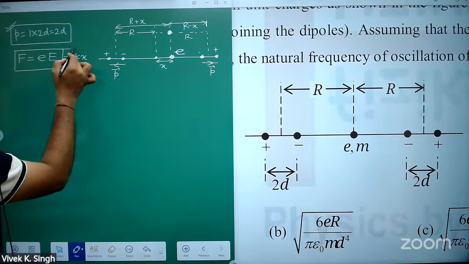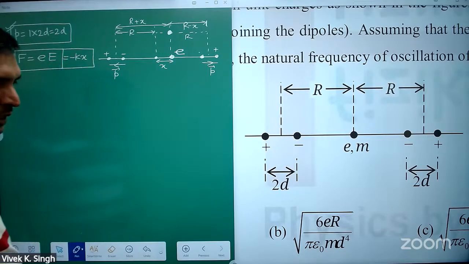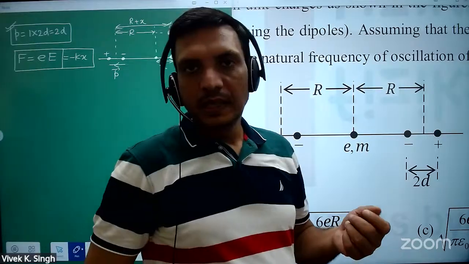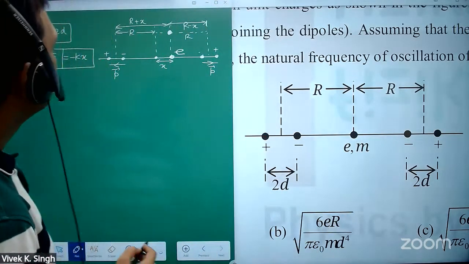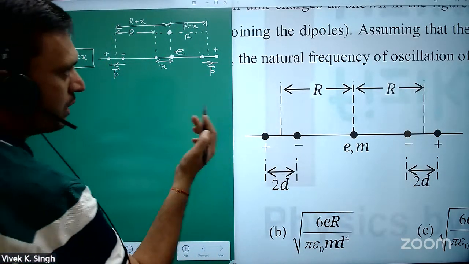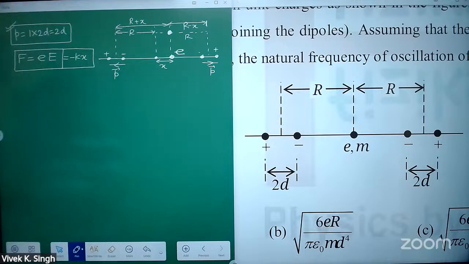If you can express it in terms of Kx, find out K, and then the mass is given, so you will get the frequency of oscillation. So let's calculate. Try to calculate it.